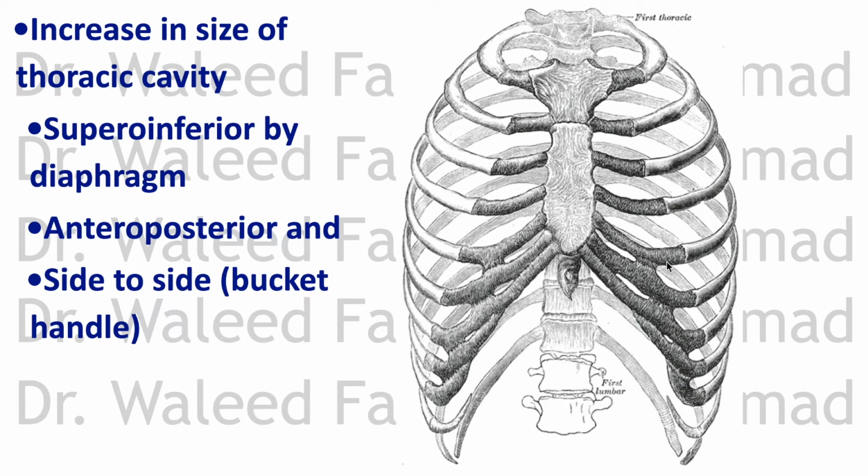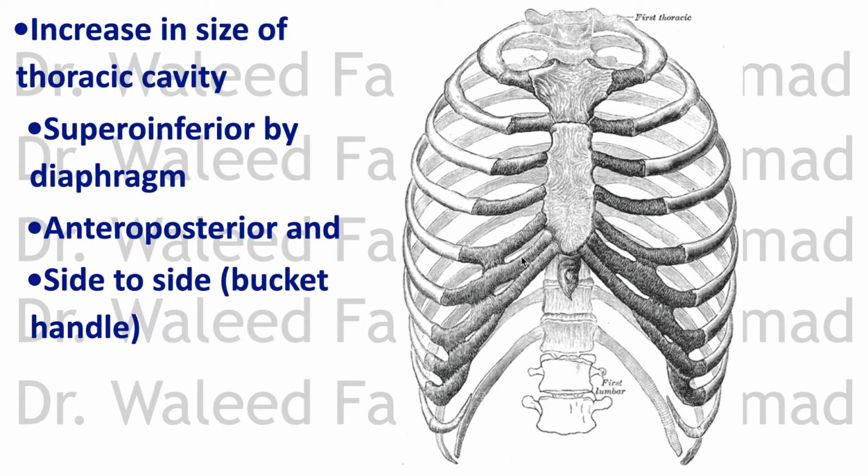And side to side increase in size, it's like the bucket handle theory. When the bucket handle is on the side of the bucket and you pull it up, the diameter increases. The distance between the peak of the handle and the center point increases as you pull it up.